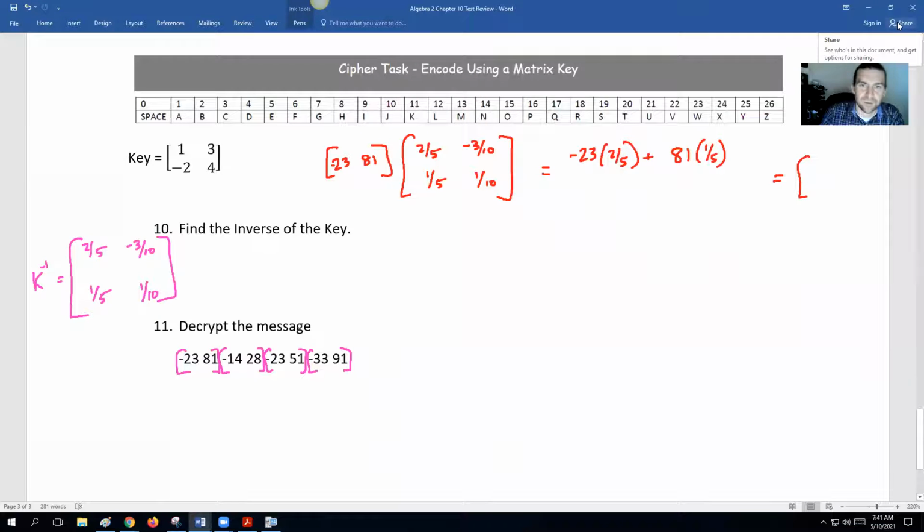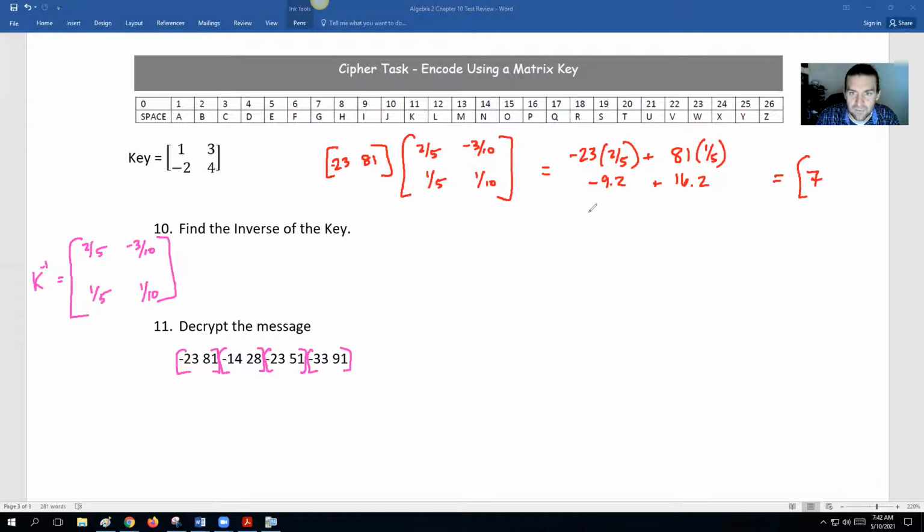I'd rather have you guys show the work here. We can multiply it, but you guys should show that you're multiplying. So what's negative 23 times 2/5? We get negative 9.2, and then 81 times 1/5 is 16.2. If we add those together, we get 7.